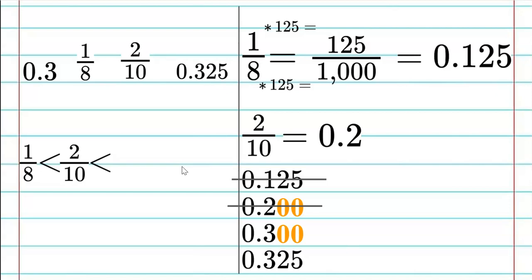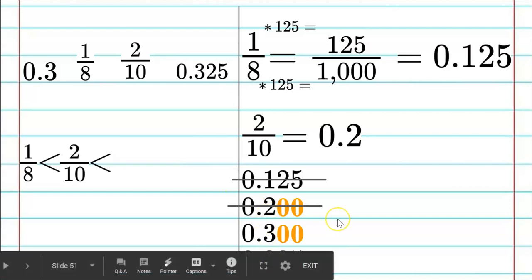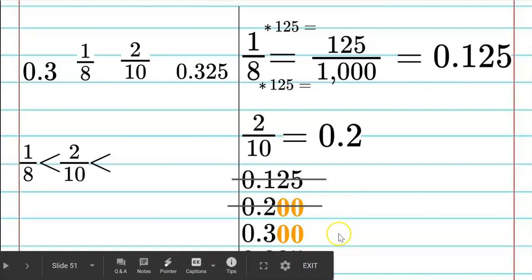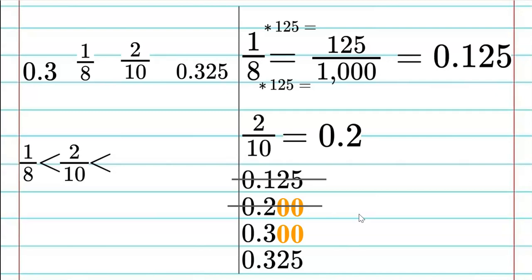Now I'm just comparing the 2 at the bottom. So again, I start in my ones place, and when I look at my ones place, they are both 0. So I have to move to my tenths place. When you look in your tenths place, they're both 3. 3/10 is the same, so I have to move to my hundredths place. And you should notice that our first one has 0 hundredths, and the second one there has 2 hundredths. 0 is less than 2.